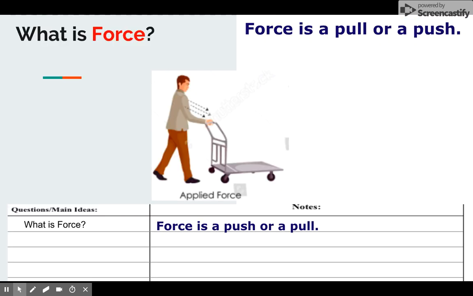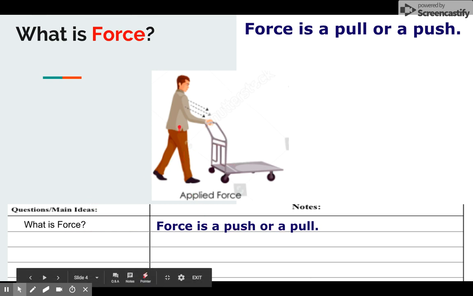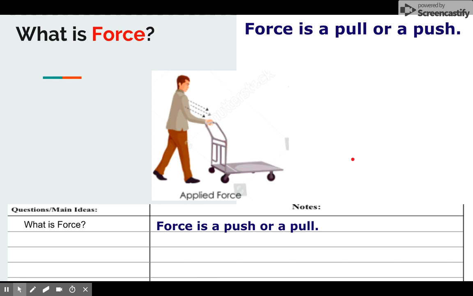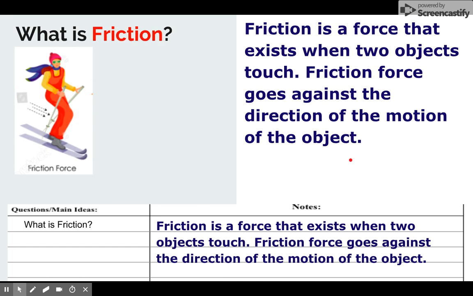By now, you should know the force is a push or a pull, as we're talking about. So in this case here, the guy is applying a force on the cart this way, and it's making it move. The first type of force we want to talk about, it's probably the one we want to deal with the most for this unit, is friction.